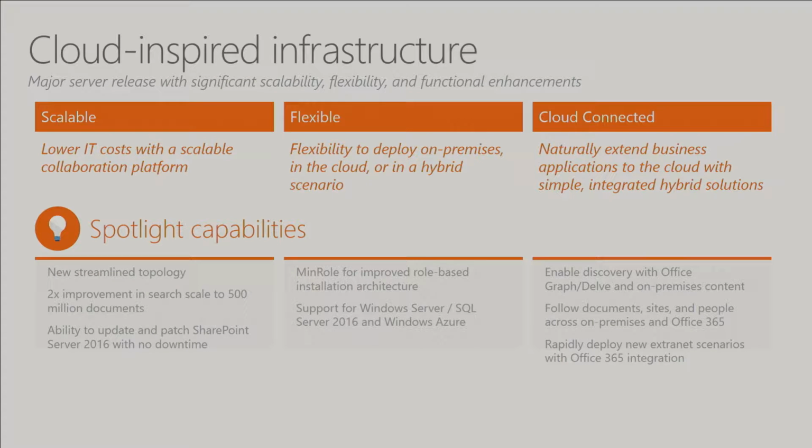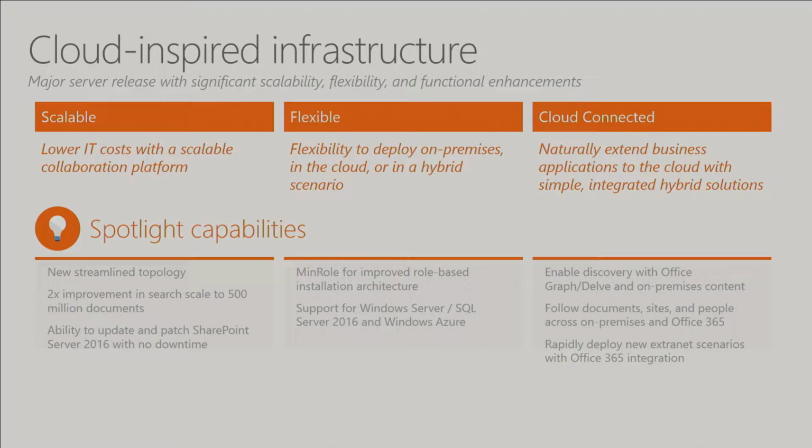On flexibility, again, MinRole for an architecture that's representative of the way that we run SharePoint, so the more prescriptive we can be for you, the better you can run SharePoint and position yourself in a similar way as we run SharePoint in the cloud. We added support for the latest generation of both SQL and Windows servers, 2016 being those, in addition to supporting Windows Azure, and we actually published and republished a SharePoint 2016 trial in the Azure Platform Gallery.